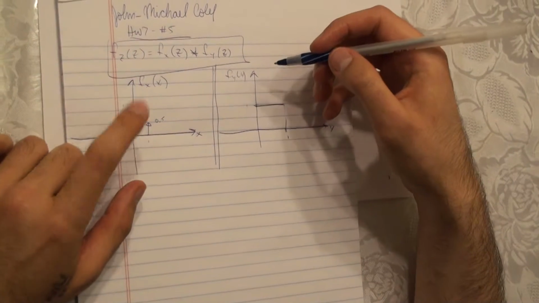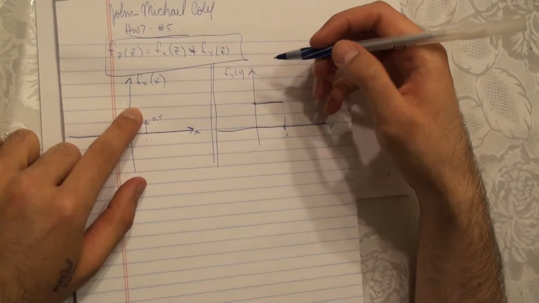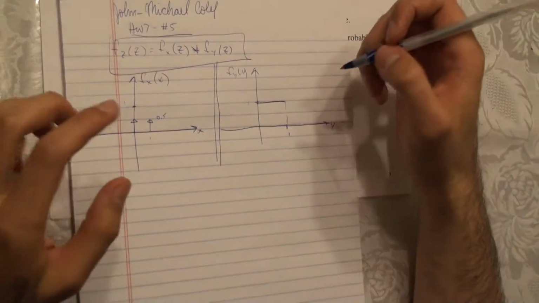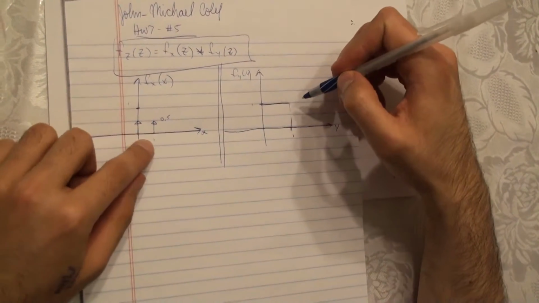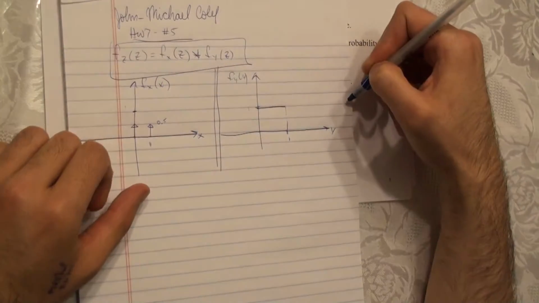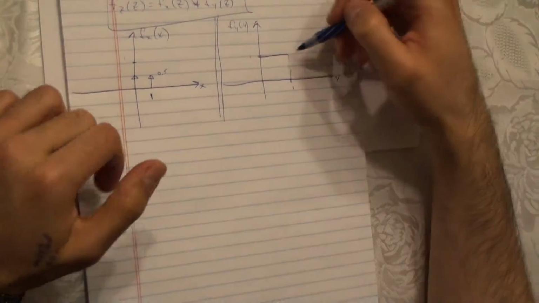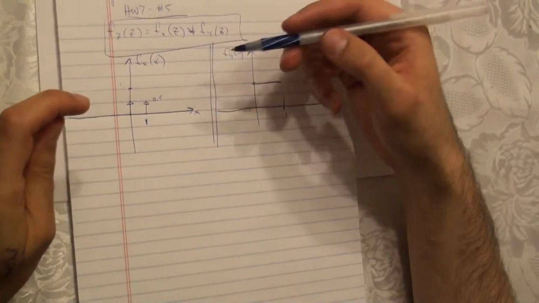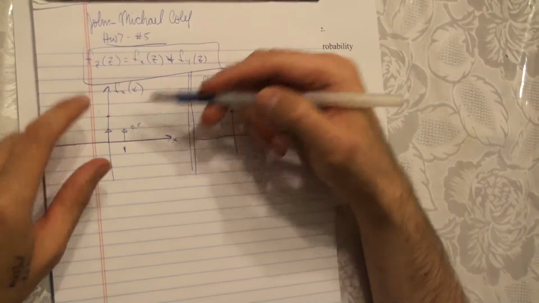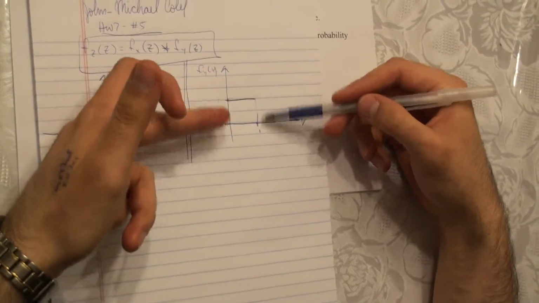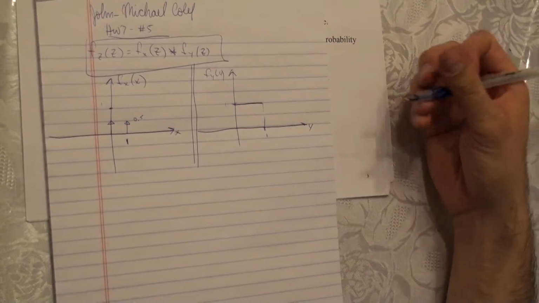So in this case, if this delta was at 1 and I convolve it with this, I would just get this back. If I convolve this with a delta that's at 1, this gets shifted over to the right by 1. If I convolve this with a delta that has not area 1 but area 0.5, then it's as if I'm multiplying this thing by 0.5.